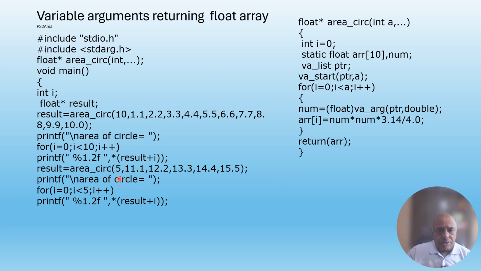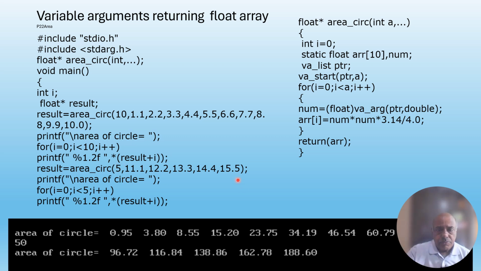In the first call we have sent 10 values. In the second call, result is equal to area_circ, we are sending 5 values. That is why this 5 indicates the number of optional arguments, or the number of variable arguments, we are going to pass to the function.